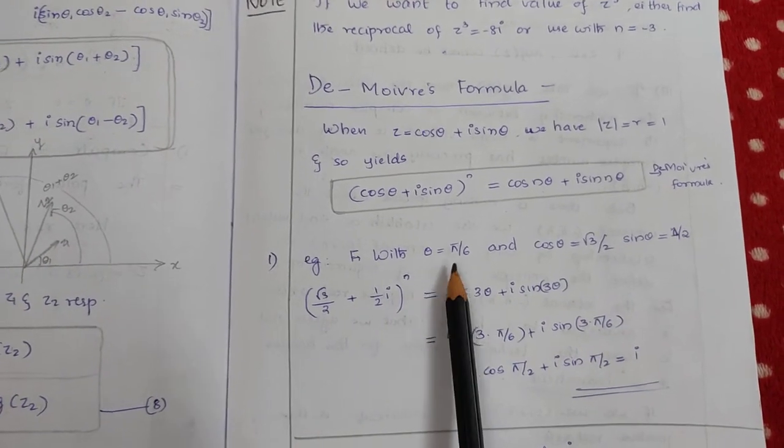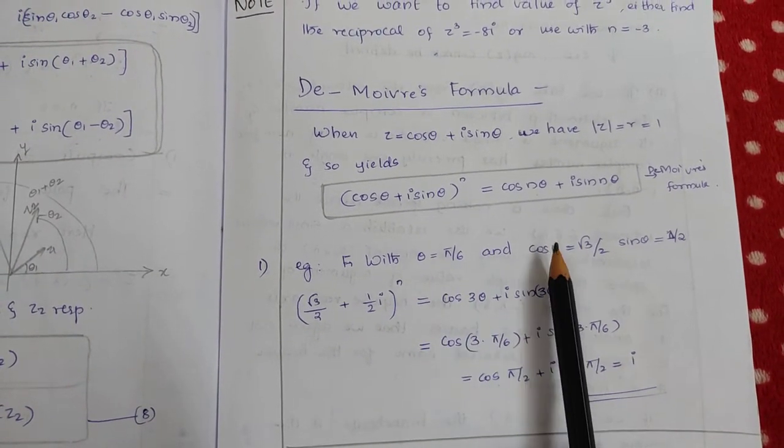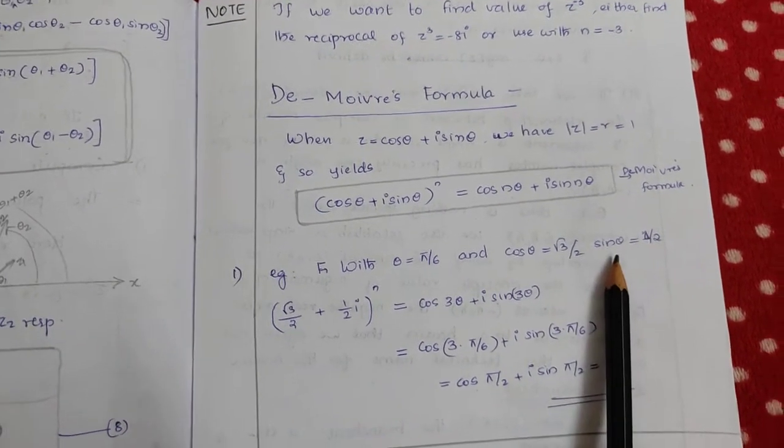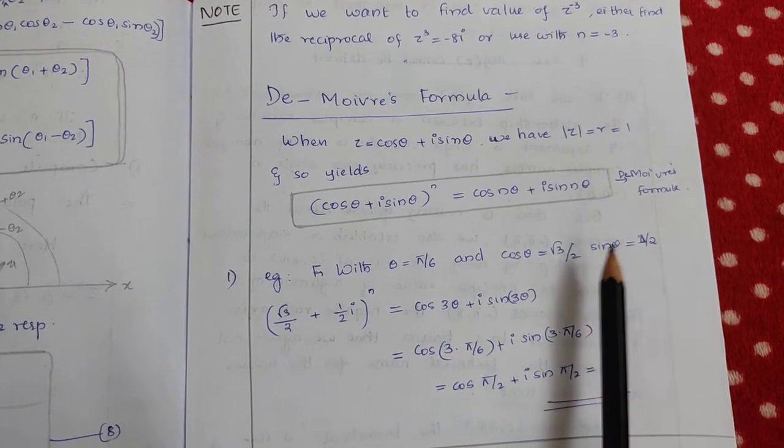With theta is equal to pi by 6, cos theta is equal to root 3 by 2, sin theta is equal to 1 by 2.